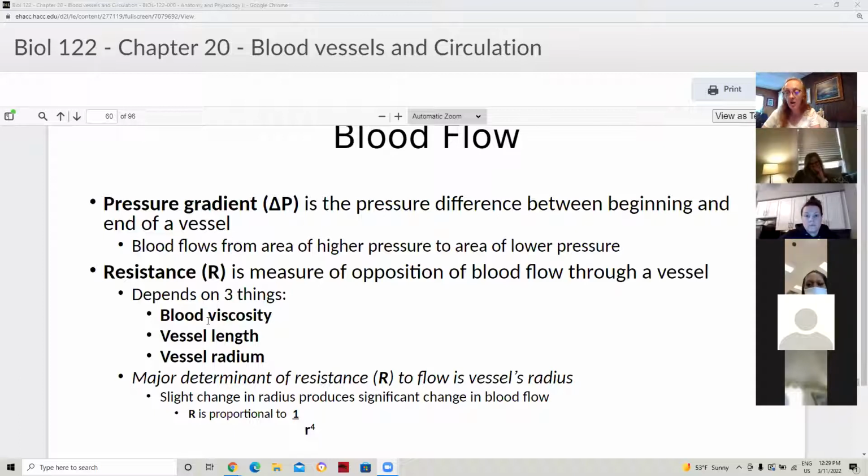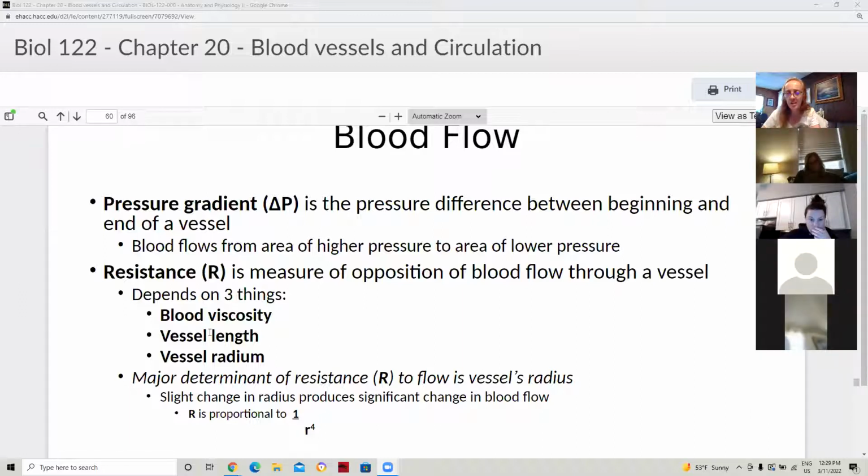Yeah. Why would you say that? Would it be the blood viscosity?